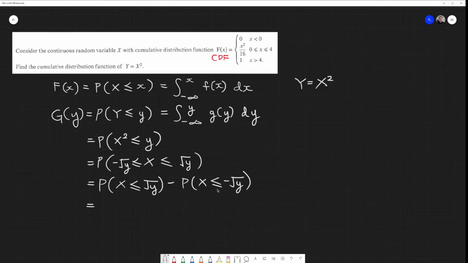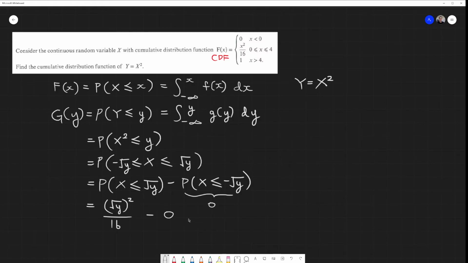Okay, and this guy is going to be 0 because we know that anything less than 0 is going to have a CDF of 0. So this thing is a 0. Now this guy, you need to use this guy over here. So that's going to give me square root of y squared over 16 minus 0.